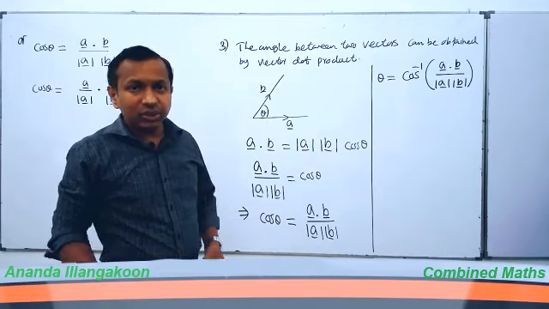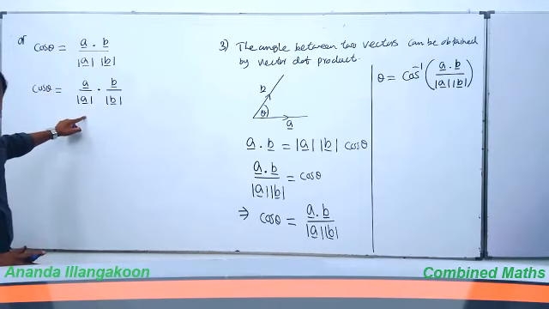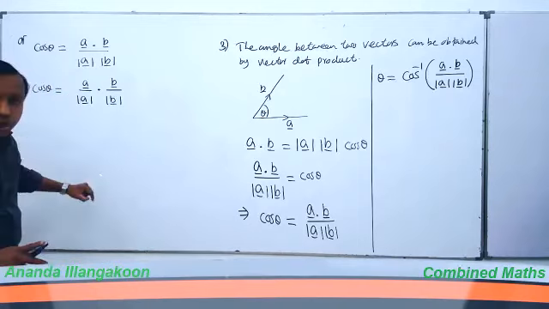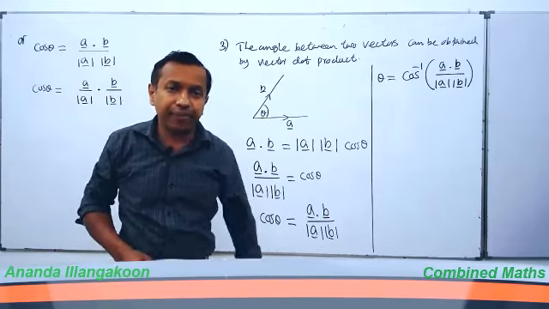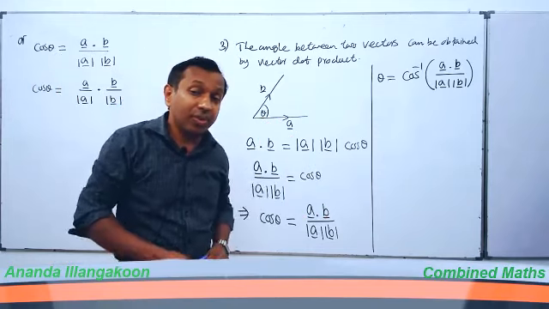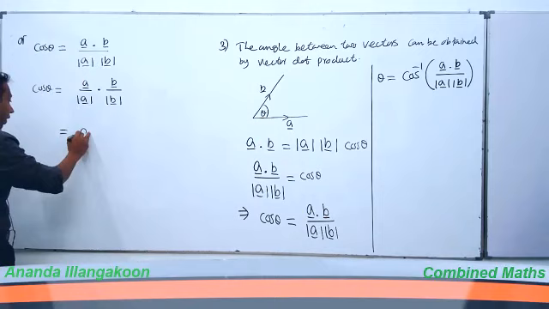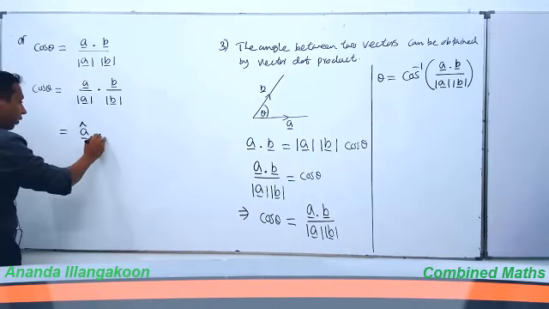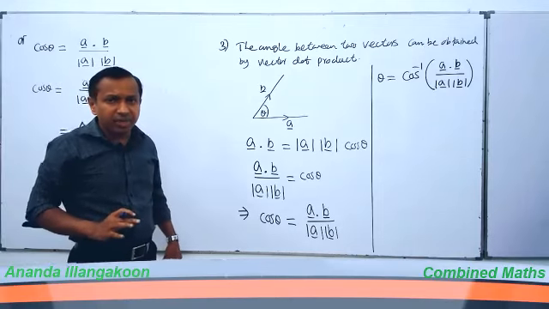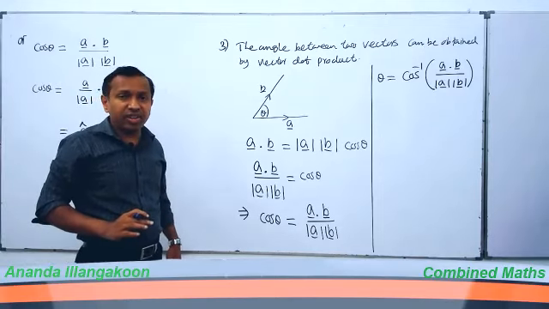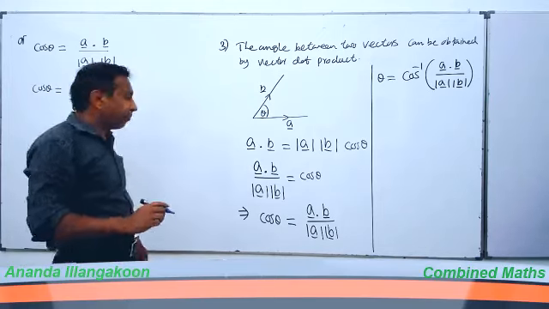Understood? So therefore, A vector divided by its modulus is the unit vector in the direction of the vector A. That is denoted by, people, A hat. A hat dot B vector divided by modulus of B, meaning B hat. What is B hat? The unit vector in the direction of the vector B, right? B hat.